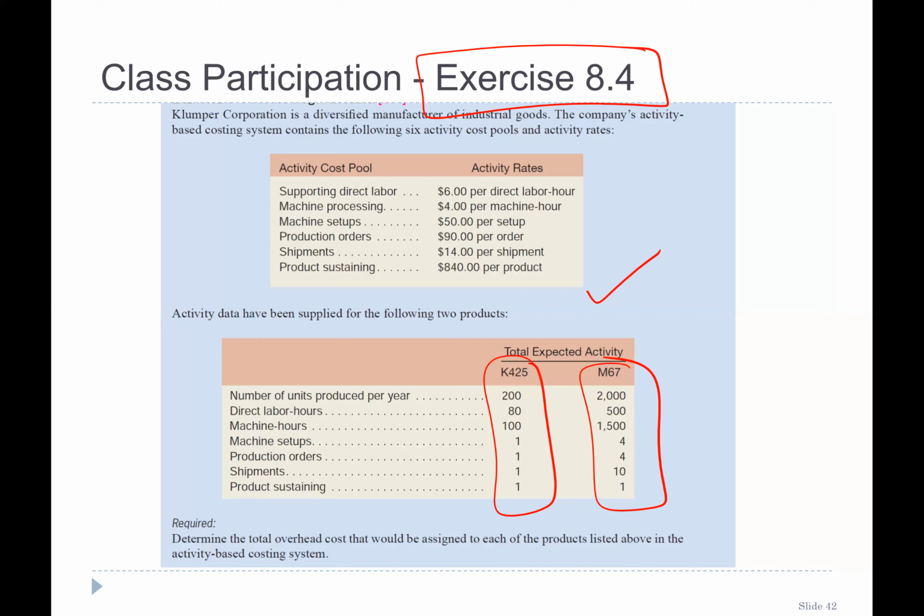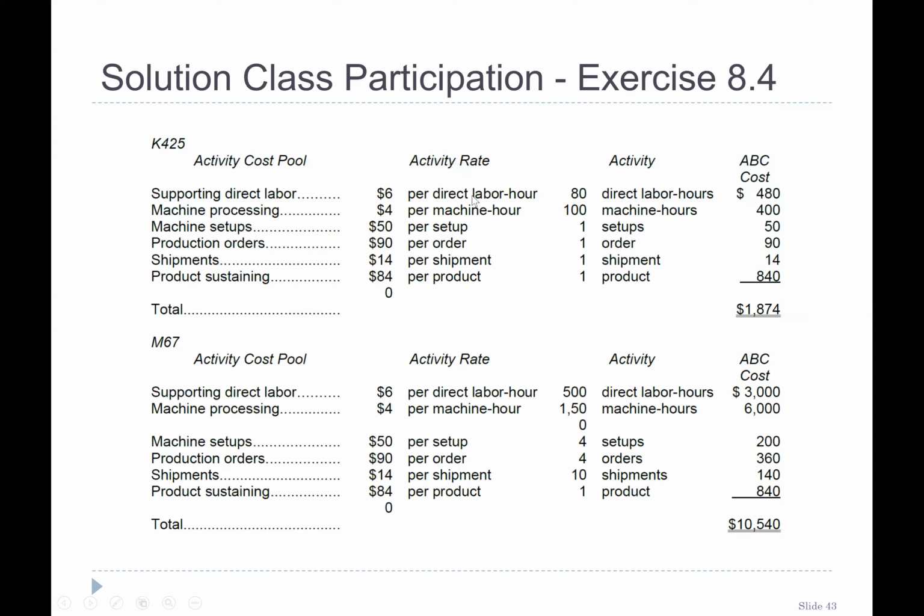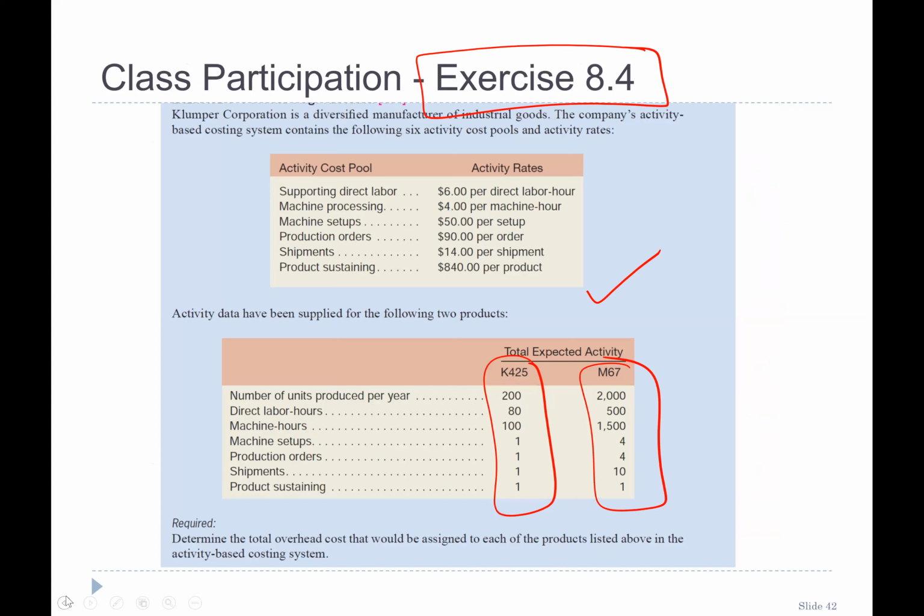Okay guys, so let me close down the breakout room. Okay everyone, I have pasted the solution here. Let me clear one more point. The question is all about the activity cost pools and their respective activity rates.